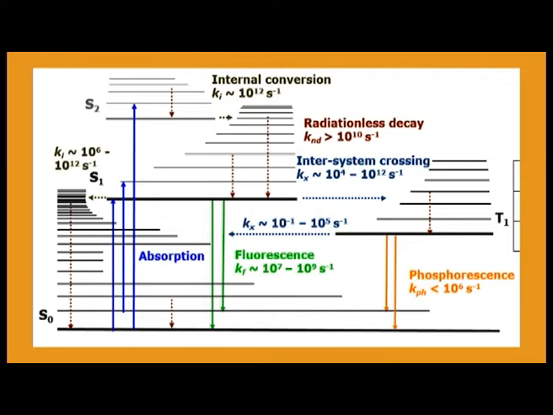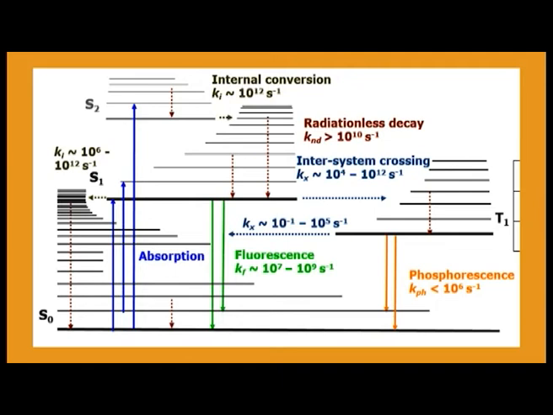After further vibrational relaxation, the molecule is now in a position to fluoresce, and therefore the molecule comes from S1 to the ground state, and the time taken in this process is generally in the range of 10 to the power minus 8 or 10 to the power minus 9 second. Basically, it is in the range of nanoseconds, and if the de-excitation from S1 to ground state occurs, this process is called fluorescence.